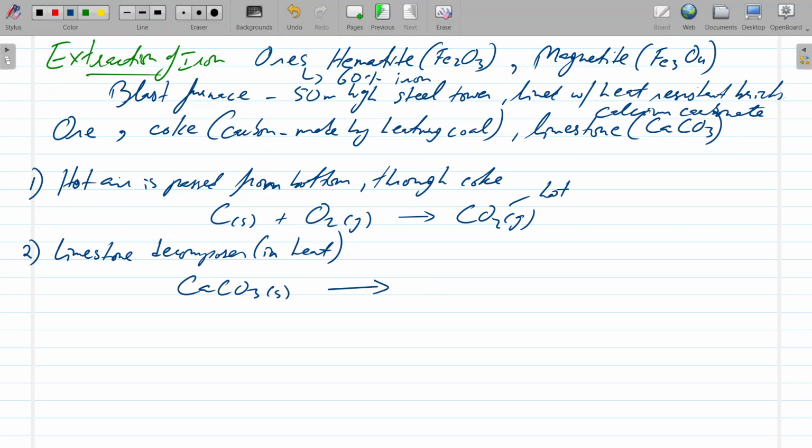So it's breaking up into calcium oxide, which is a solid, and more CO2 gas. Is it balanced? No? Why not? Well, you've got one calcium, one carbon, three oxygens. One oxygen here, two here. So yeah, it's balanced.